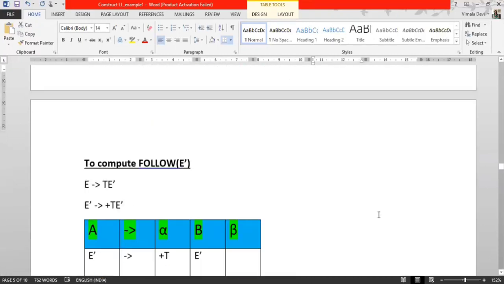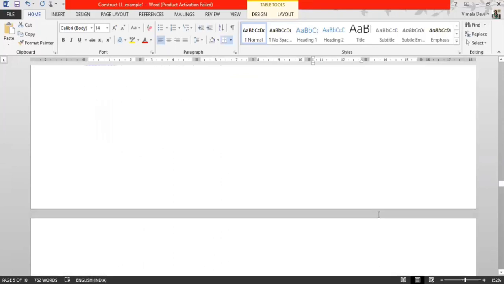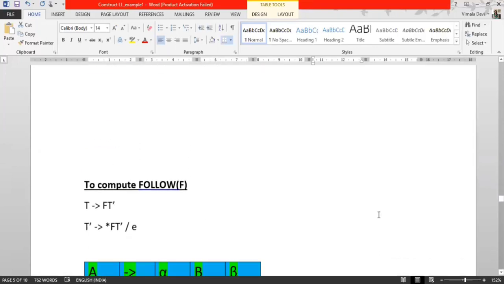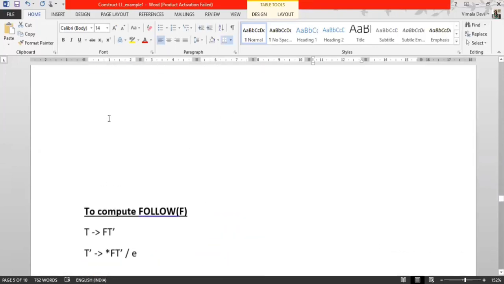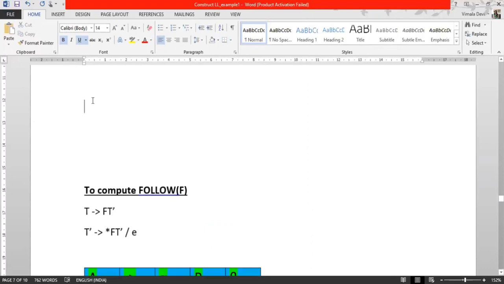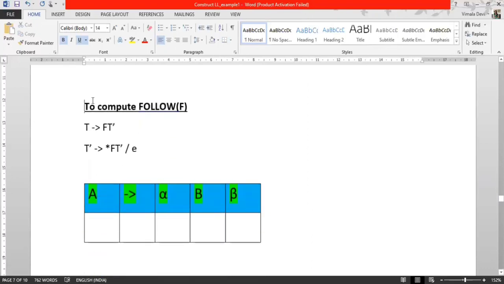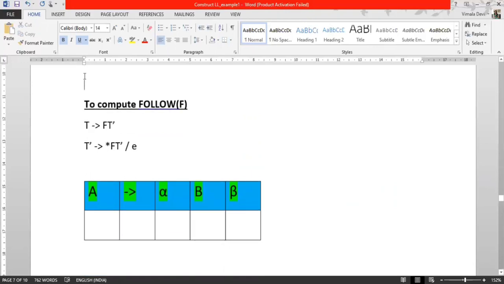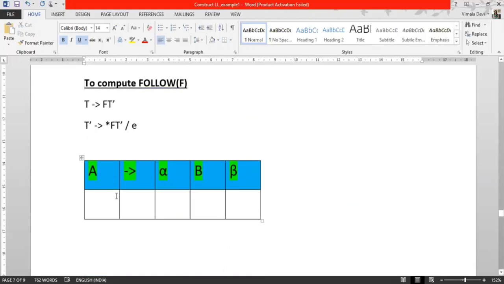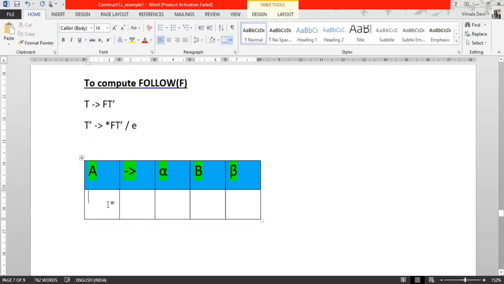Right, now we are supposed to identify the follow of F. To compute follow of F, we need to consider these two rules which contain F on the right hand side: T derives F T' and T' derives star F T'. So let me fill the rule matching against the pattern.